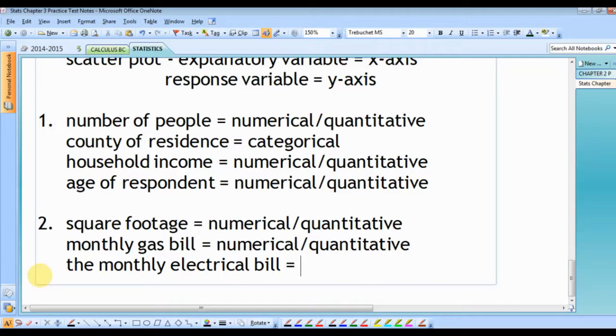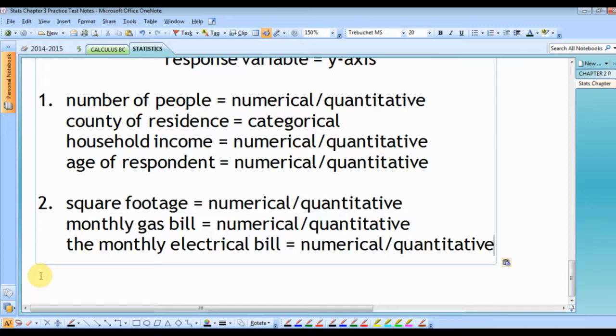The typical answer here would be something like $190, which is good for a bill. That's a number again, so the answer here is numerical, quantitative. So I think the answer is all of these.